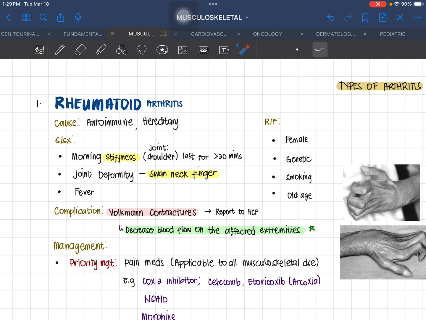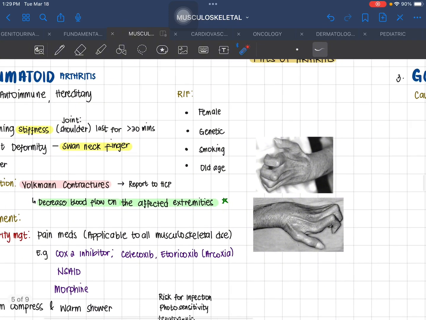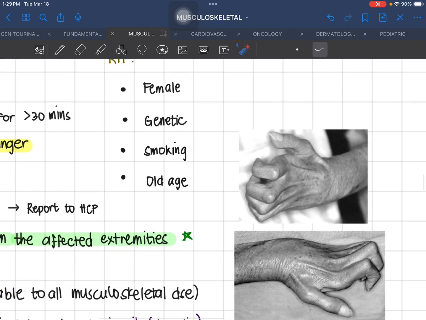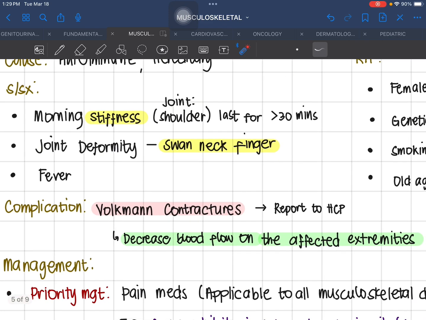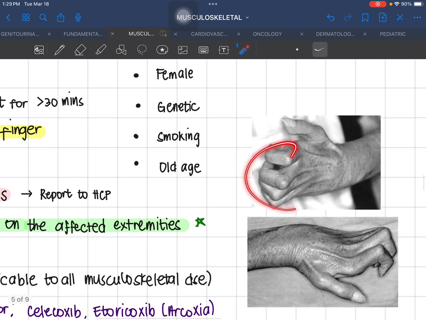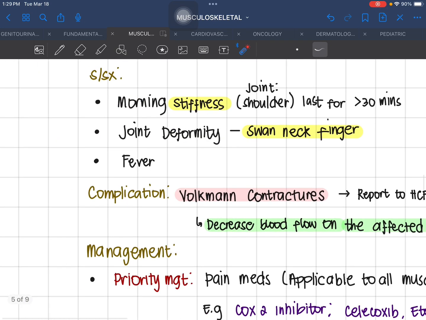Next is meron din silang joint deformity. Kung makikita nyo, ito, sa finger nila, yan ang tinatawag na swan neck finger. So, yun ang joint deformity nila, yung joint nila sa finger. And next, nakaka-experience din sila ng fever.